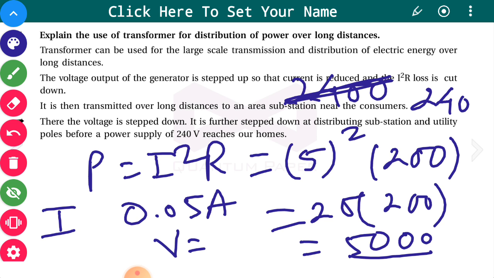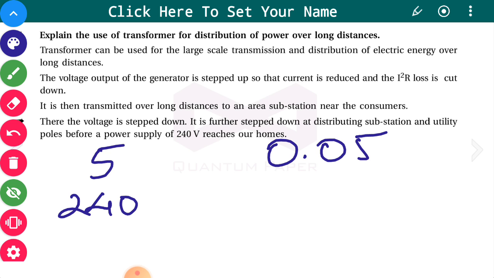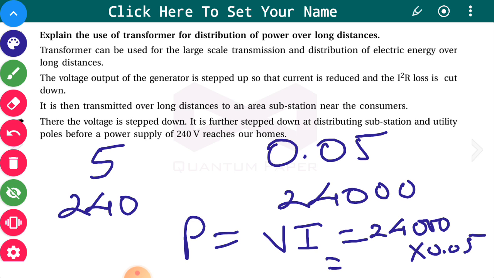Instead of 240 volt, we have increased it 100 times, because 5 ampere current is made 0.05, meaning the 100th part. Then our 240 volt must be increased 100 times to 24000. So power will be V into I, 24000 into 0.05, and that will be 1200 watt only.